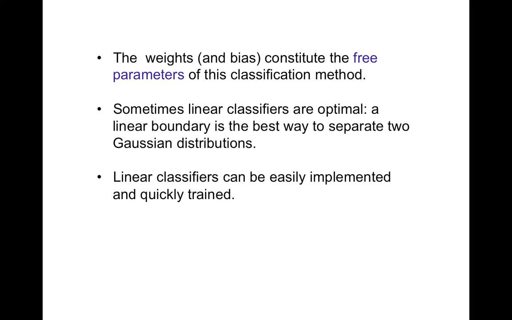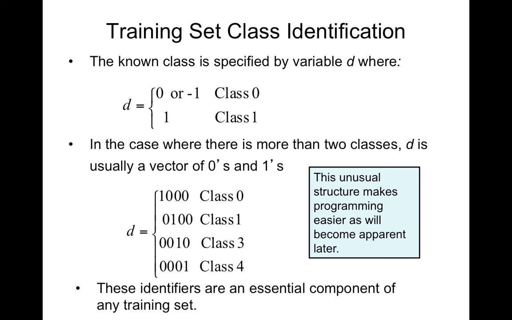And sometimes linear classifiers are optimal. A linear boundary is certainly the best way to separate 2 Gaussian distributions. They can be easily implemented and very quickly trained. So a known class is specified by a variable d, where d is 0 or minus 1 or 1, representing class 0 and class 1.